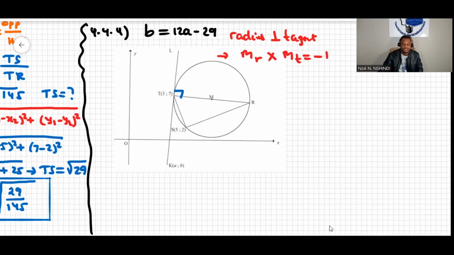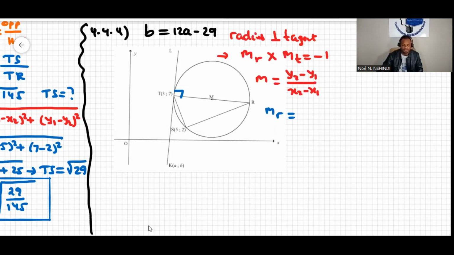Now let's work out the gradient of the tangent. Before we do that, we know the formula of the gradient is y2 minus y1 over x2 minus x1.